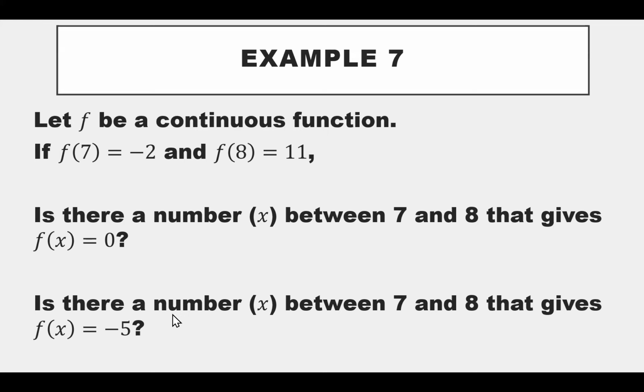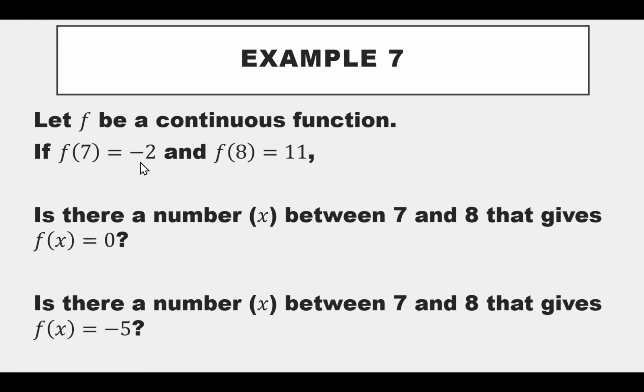The next question says, is there a number between 7 and 8? Is there an x value between 7 and 8 that gives an output of -5? We'd say, well, again, maybe there is, maybe there's not, but it is not guaranteed by the intermediate value theorem.